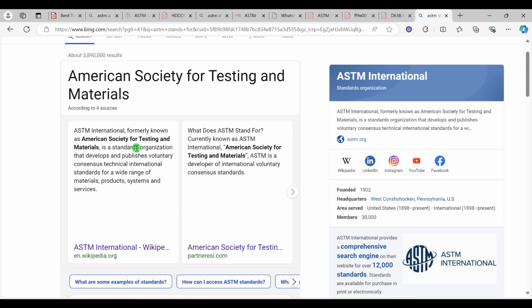So that's why I decided to make a tutorial about this topic: how we can choose, what kind of parameters we should consider, and how we can select a good standard for our test. So let's get started.